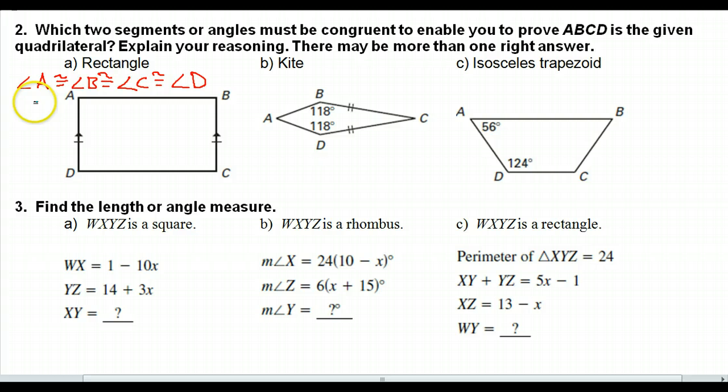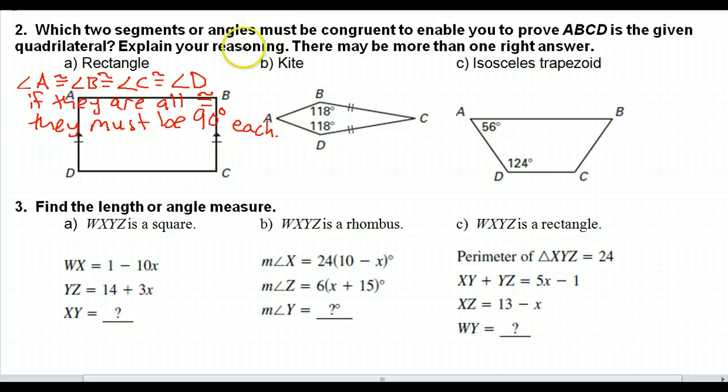And the explanation would be if they are all congruent, they must be 90 degrees each. Okay, so that's one way that we could prove this is a rectangle.